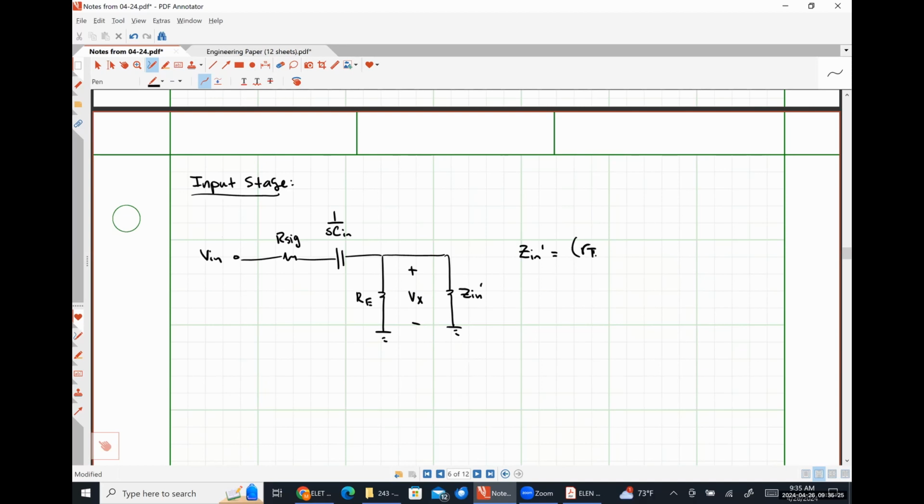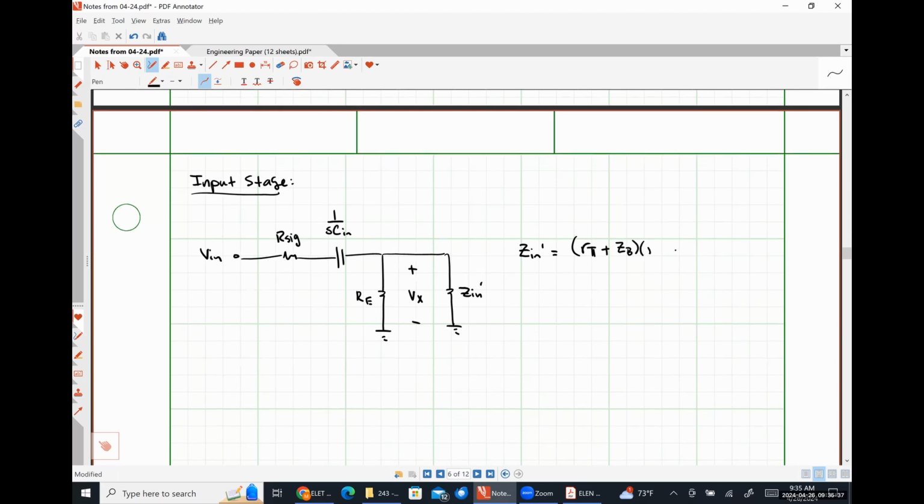So Zn prime from our previous notes is given by R pi plus ZB, now, because we have some impedance connected to the base, not just a resistance, times R naught plus ZC. Once again, we're using ZC because we have some total impedance connected to our collector.